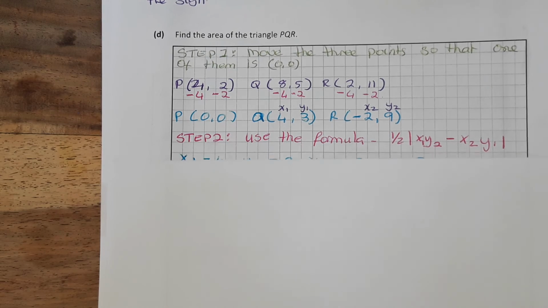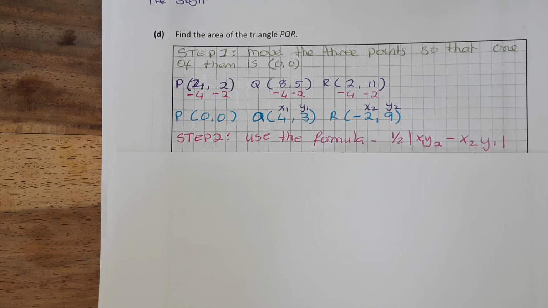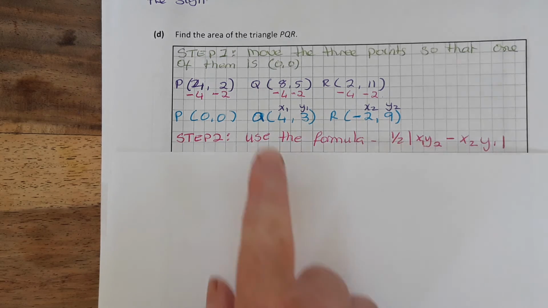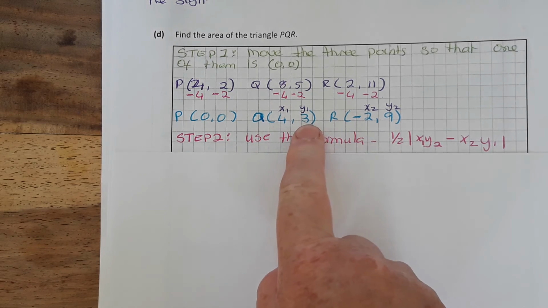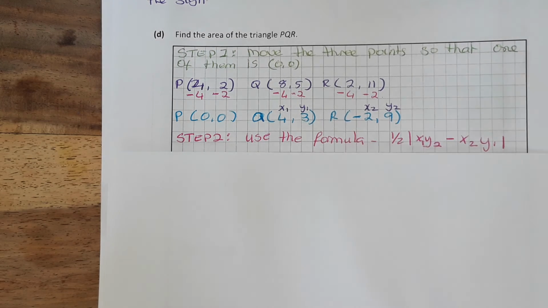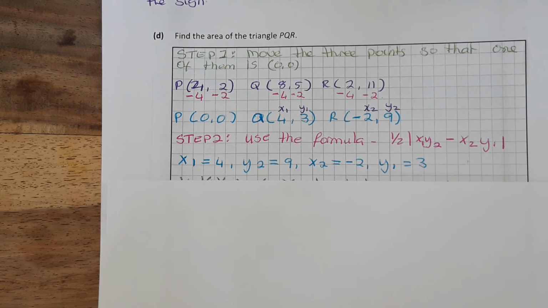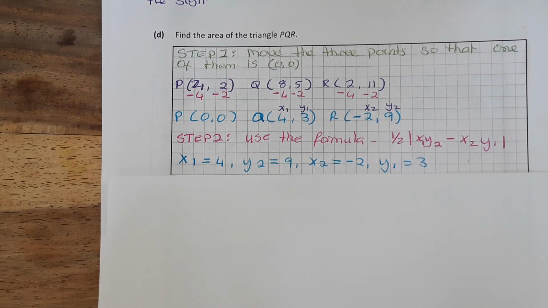So then use the formula, which is half, modulus of x1 y2 minus x2 y1. And when they're written together like that, it means you're to multiply them together. So as you can see up here, that's my x1, that's my y1, that's my x2, that's my y2. So your x1 is 4, your y2 is 9, your x2 is minus 2, and your y1 is 3.